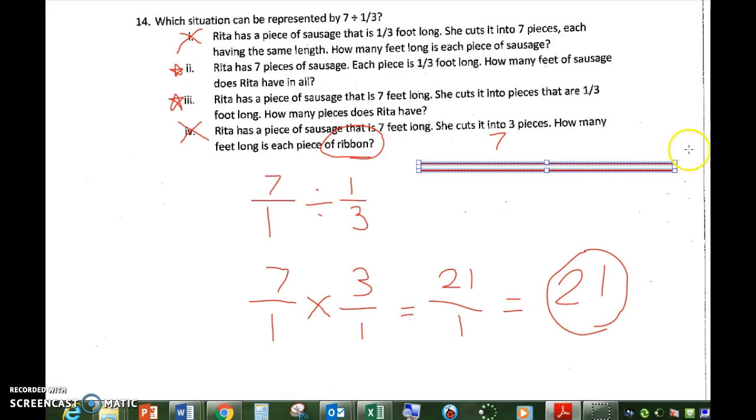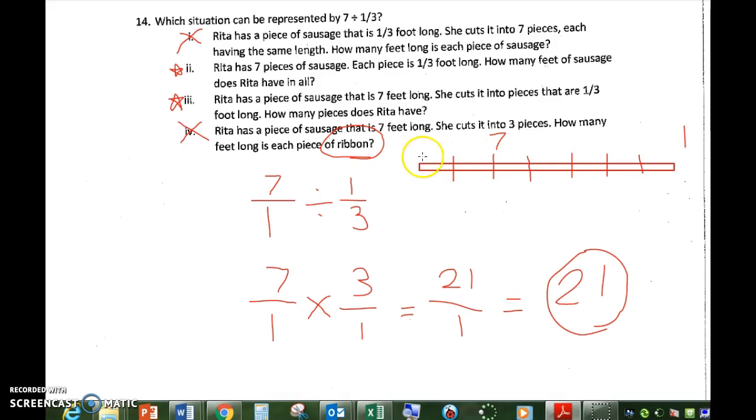Pretend that these pieces are equal, please. Okay, so 7 pieces will be 6 cuts, and that makes 7 pieces. 1, 2, 3, 4, 5, 6, 7.